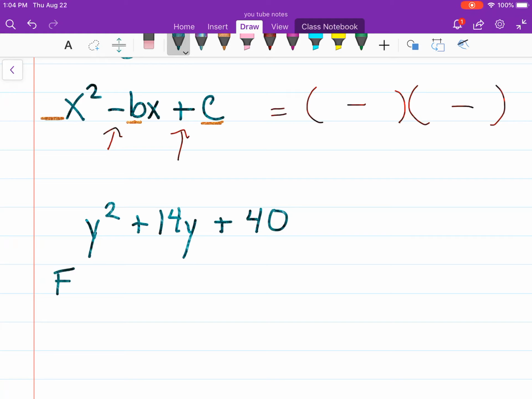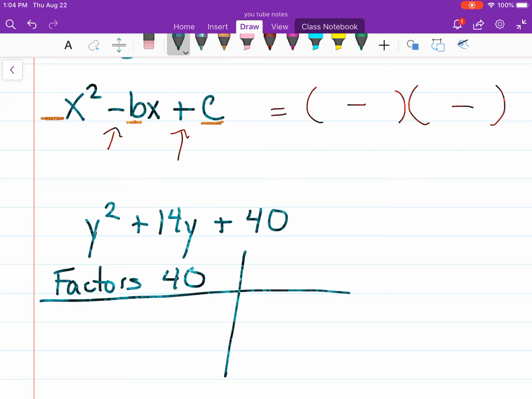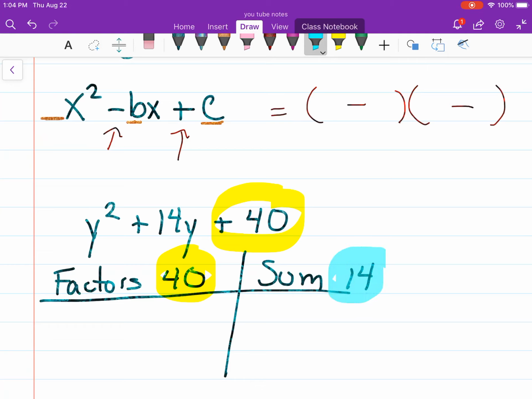Okay, you are going to look for the factors of 40 that sum or add up to a positive 14. This is the 40, and this is the 14. That's where I get the numbers from.